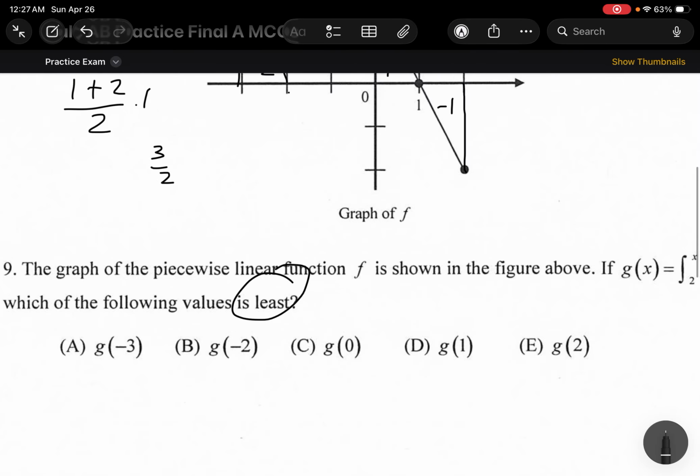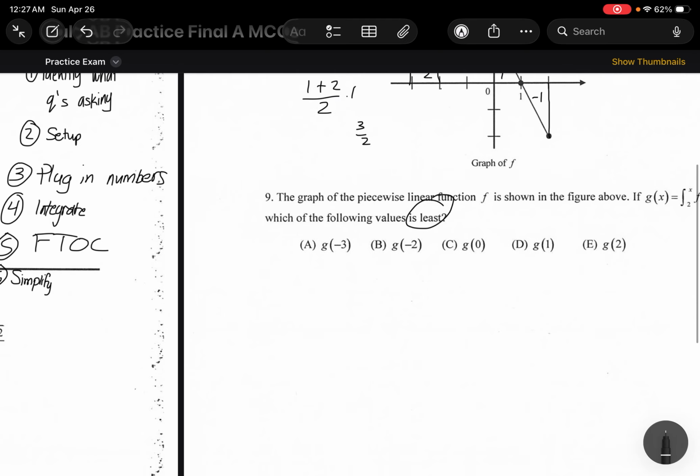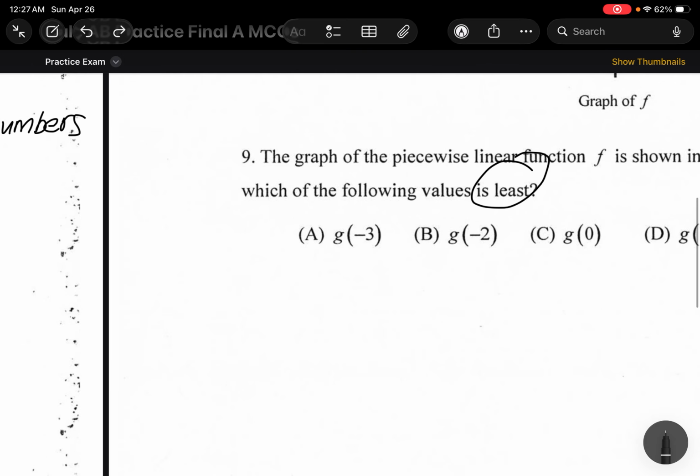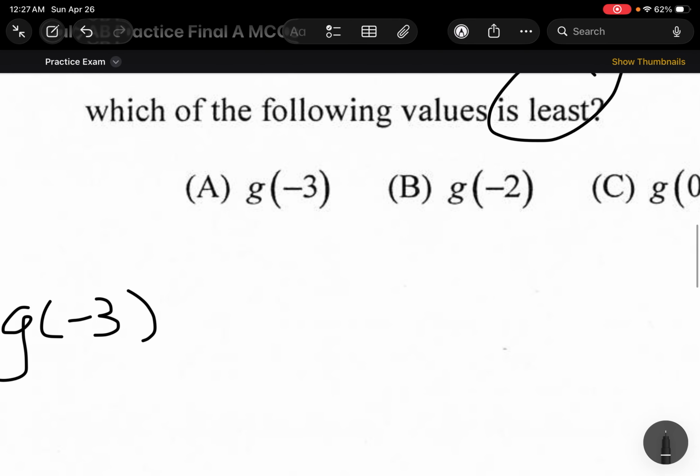So, plugging into g of x here, what is g of 3? What is g of -3? And what is our least value? So, I want to do this one by one. Let's start with option A, g of -3. So, let's plug that into g of x.